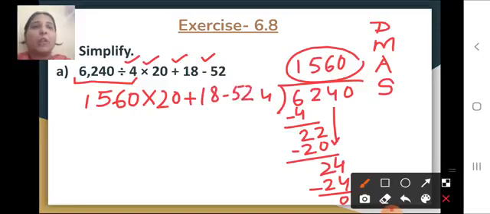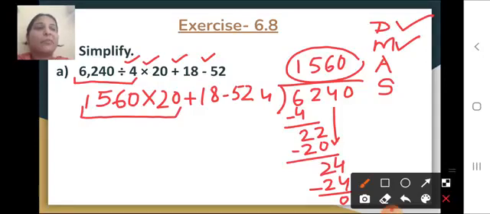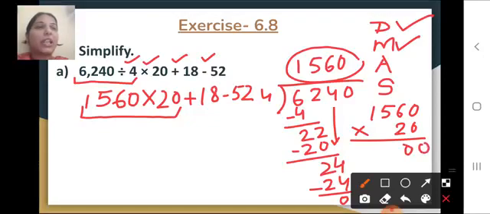Now division we have already done. Now we will be doing multiplication. So here you can see we have multiplication. So now we'll multiply 1560 by 20. When we multiply, simply we'll put the zero at the end.